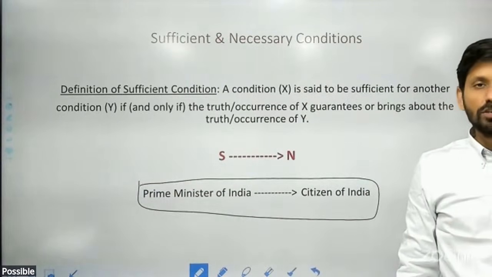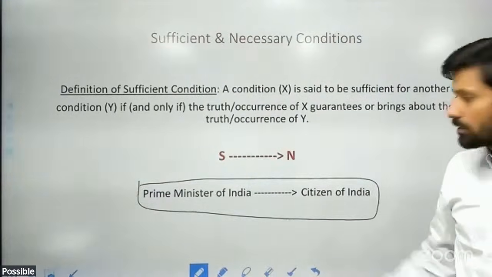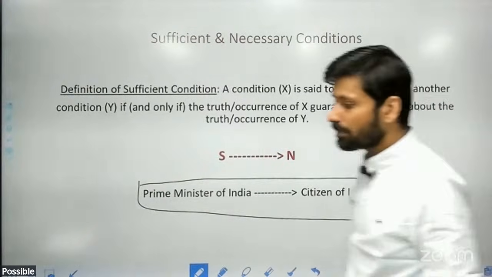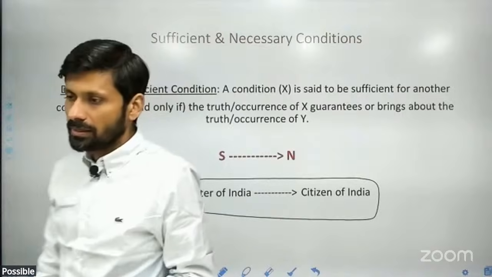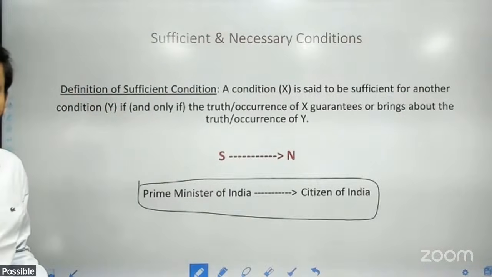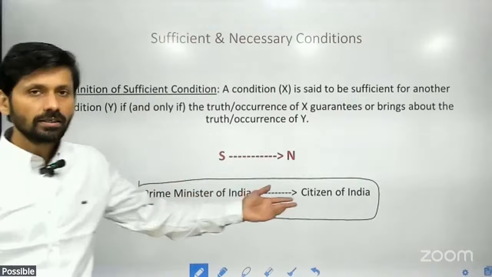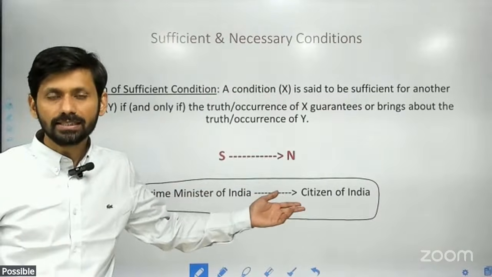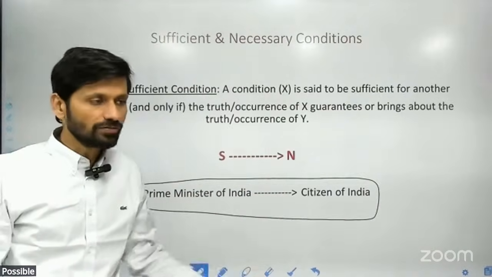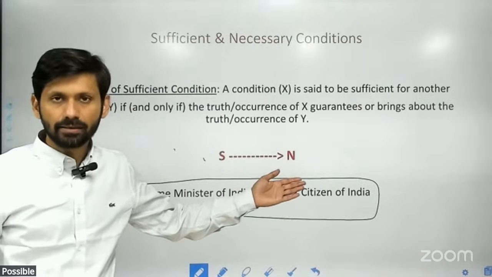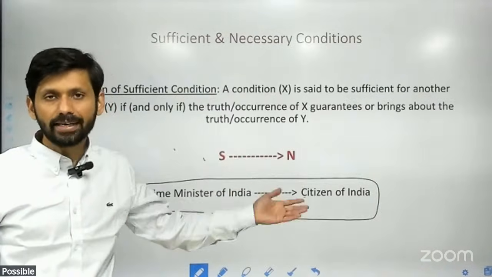So Prime Minister of India is sufficient for citizen of India. If I'm saying somebody is the Prime Minister, it is sufficient to say that they are a citizen. So Prime Minister of India is sufficient, citizen of India becomes necessary, right? So sufficient we understand. S guarantees N. If S is true, N is true.